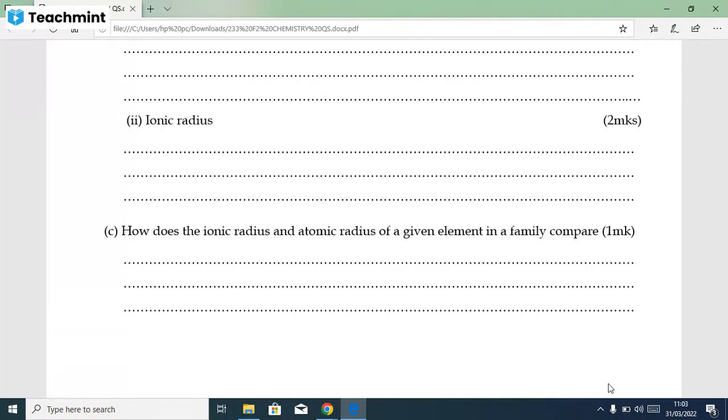That is the comparison. Atomic radius is larger than ionic radius. Correct. Why?